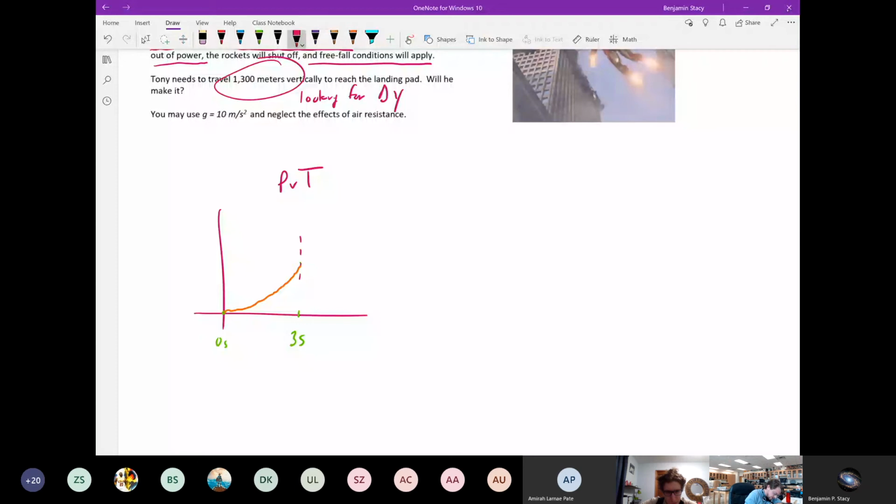This is the 3 second mark. And then at the 3 second mark, he continues to move upwards, so he continues to move in the positive direction, but now free fall conditions apply, meaning his acceleration has changed to little g, and he's slowing down. So then what does slowing down look like?